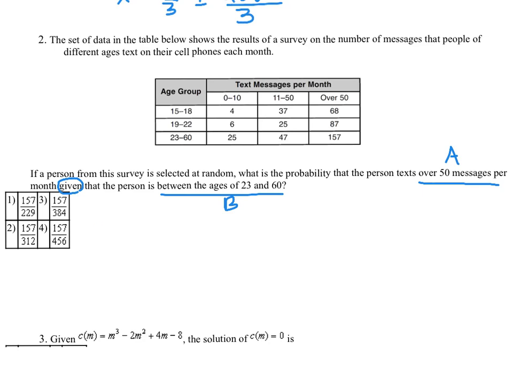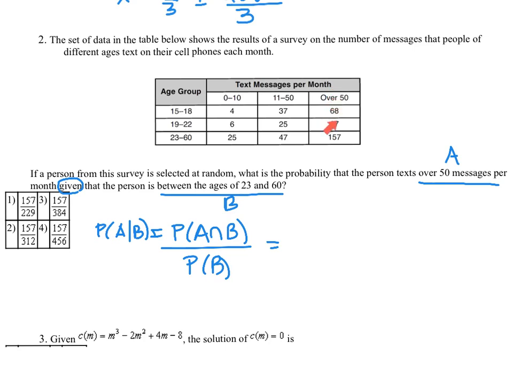So the rule is probability of A given B equals, that's an equal sign, sorry, probability of A and B all over the probability of B. All right, so what we're looking for is the probability that we text over 50 messages and are between the ages of 23 and 60.